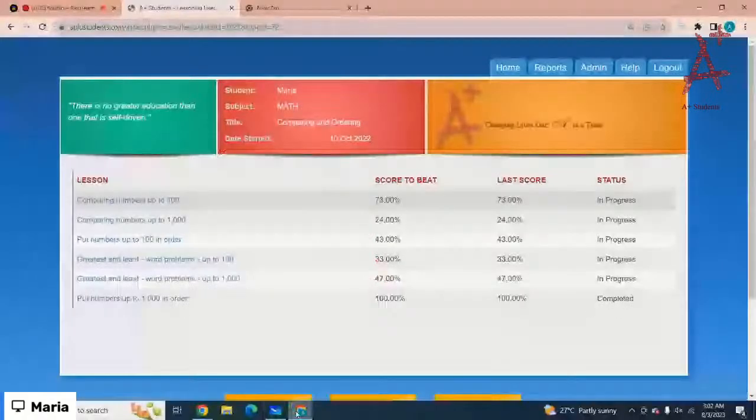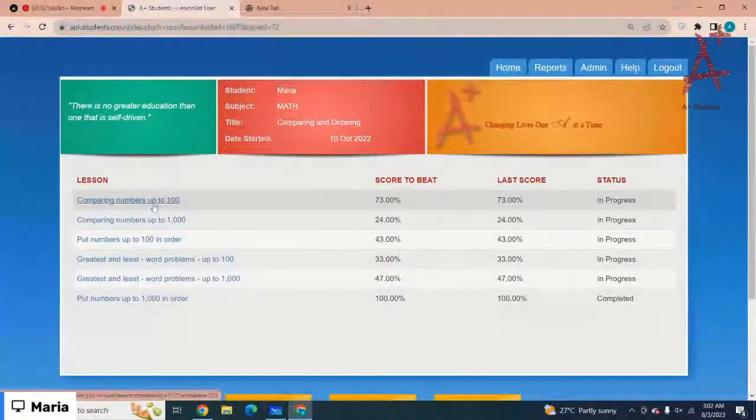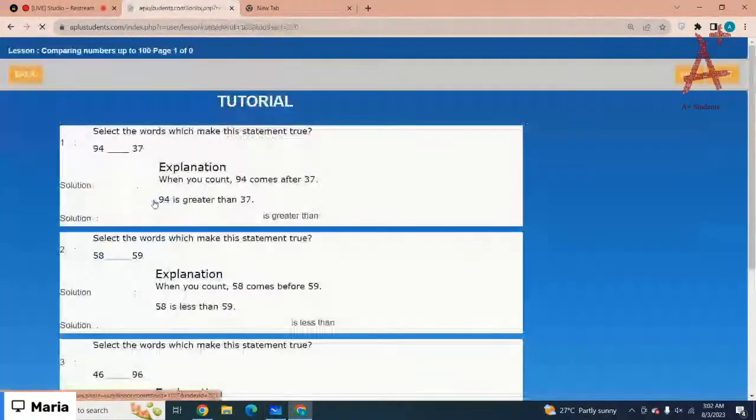Okay, here I'm on grade 2 math. We're going to start with the chapter comparing and ordering, and the first lesson, comparing numbers up to 100. Basically we are going to compare two numbers. Select the words which make the statement true, 94 and 37. You have to see when counting which number comes first.